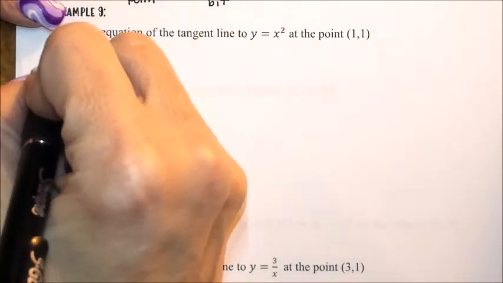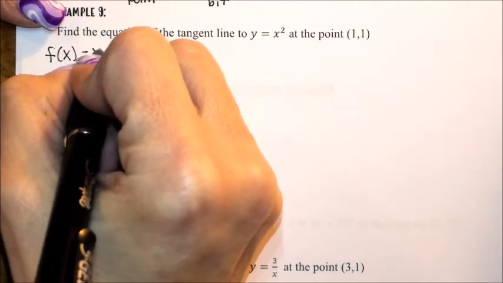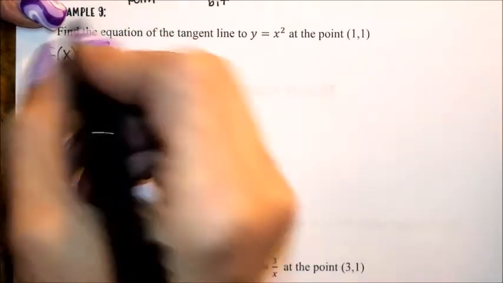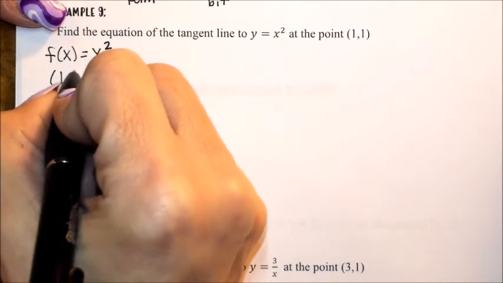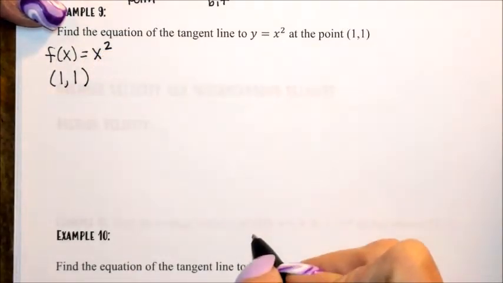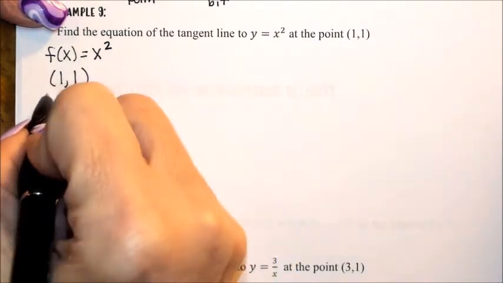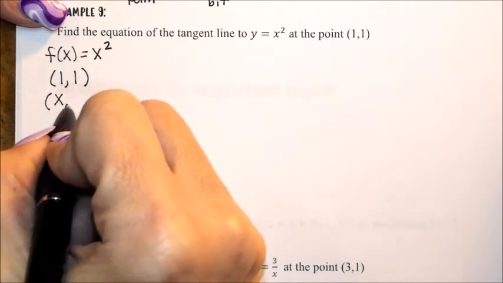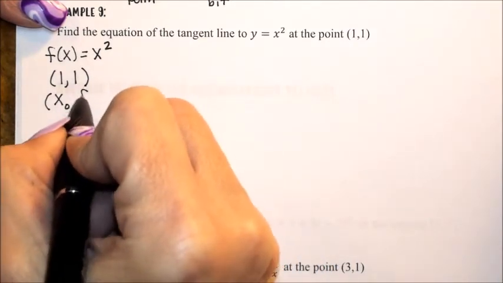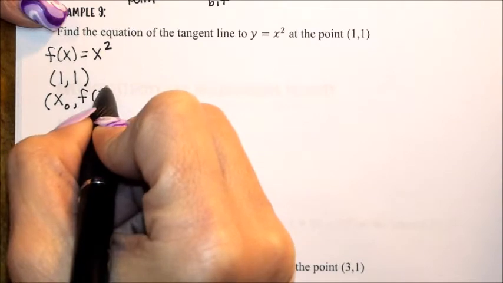Here's what we know. We know that f of x equals x squared. We know that we are going to find the tangent at the point (1, 1). So that means this would be our starting amount, and this would be f of x.